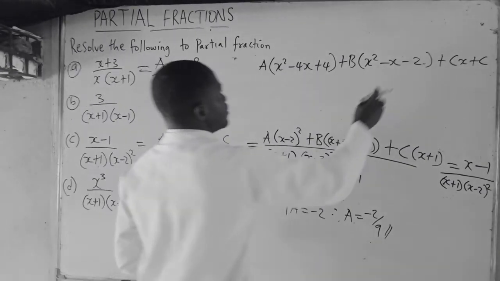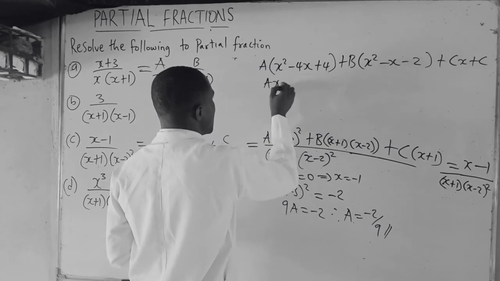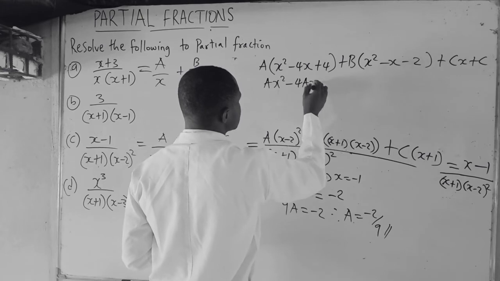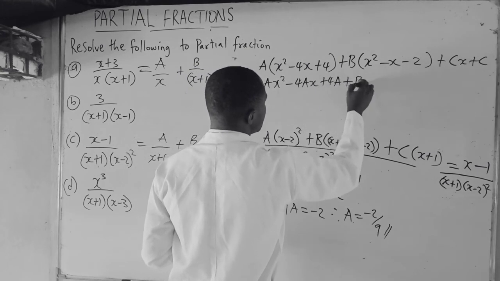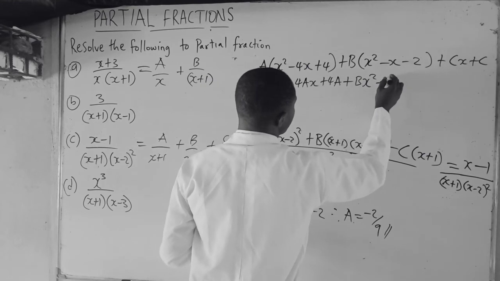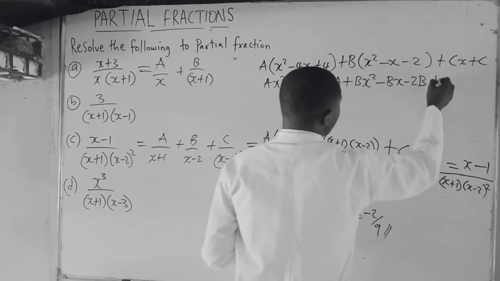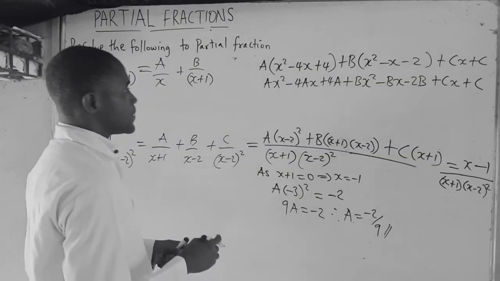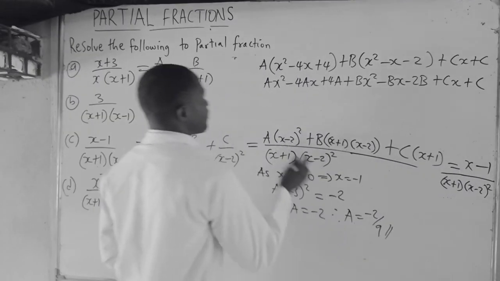Okay? Then I will now multiply it. I have as squared minus 4as plus 4a plus bs squared minus bs minus 2b plus cs plus c. Okay, remember all this you are seeing is equal to the numerator.